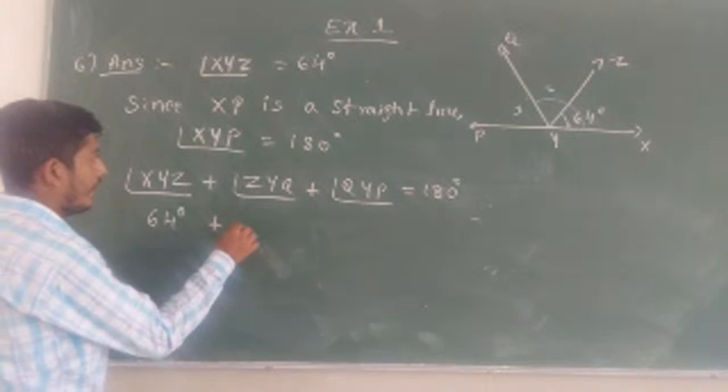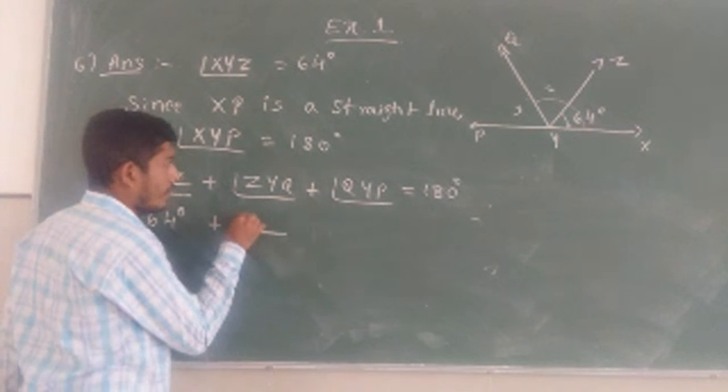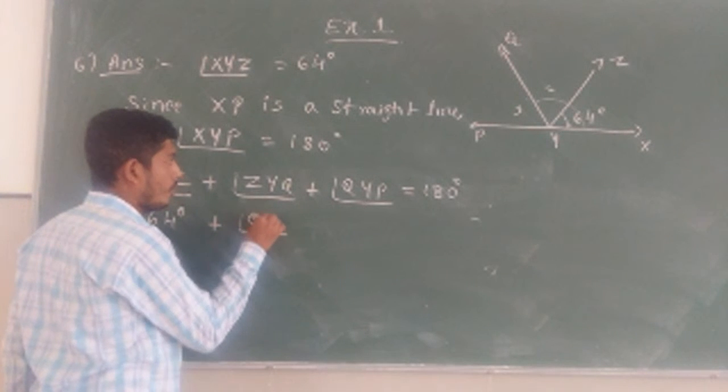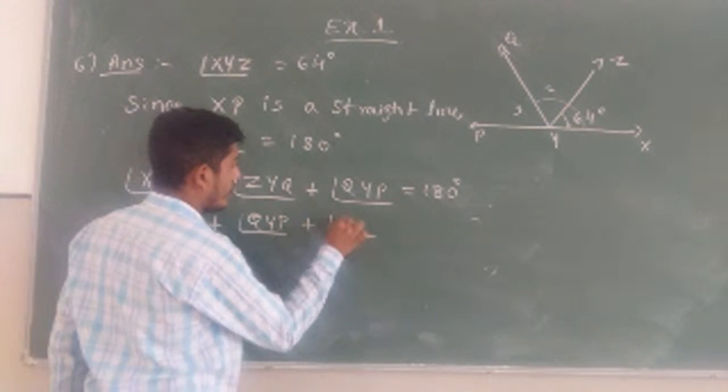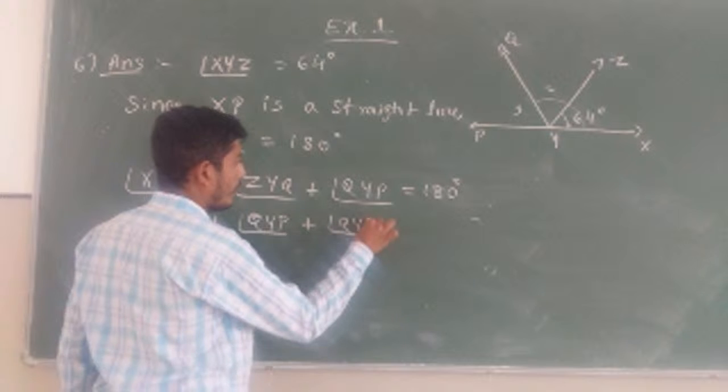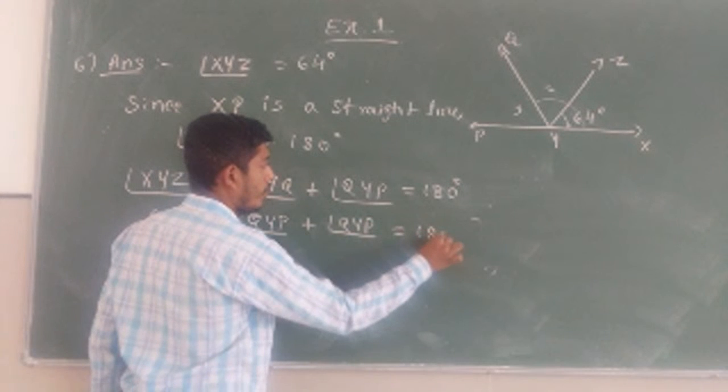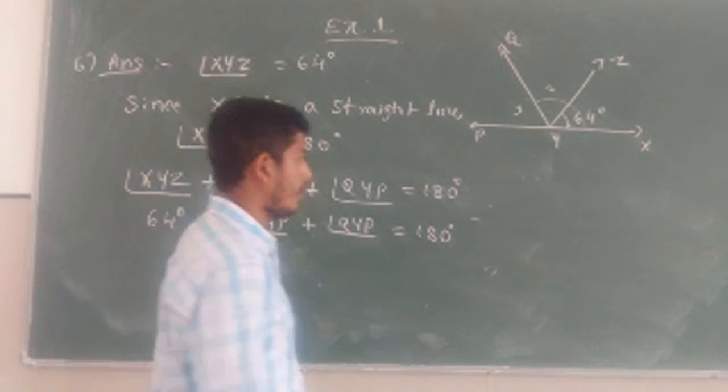So I will write QYP plus QYP equals 180.